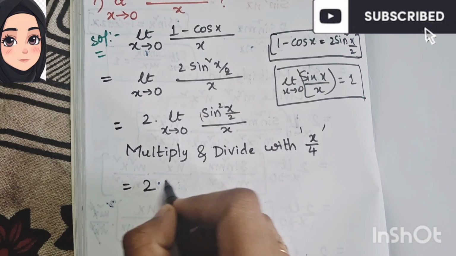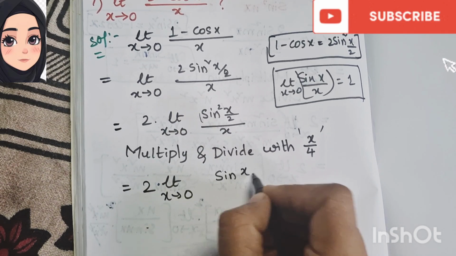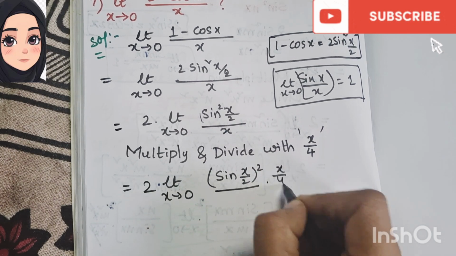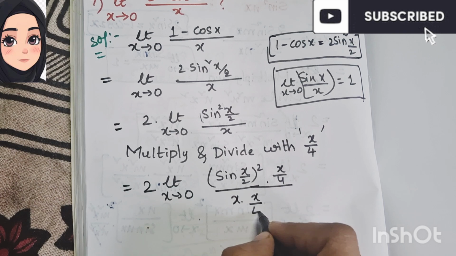So 2 is a constant, limit x tends to 0, sine x by 2 whole square, multiply and divide with x by 4. x is there already, x by 4.